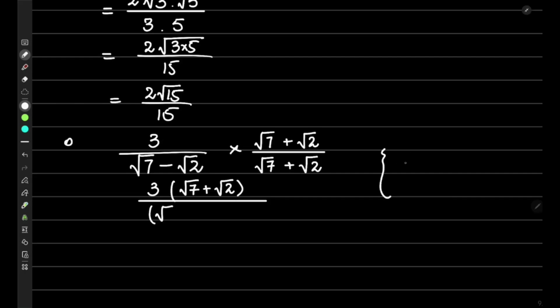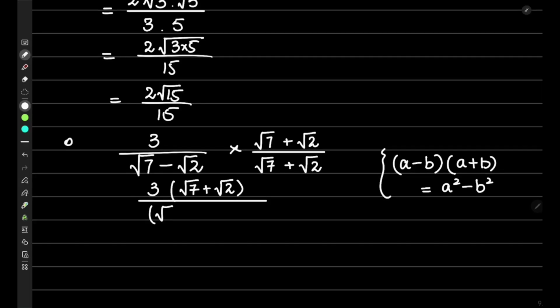Always it will make the same form. This is a minus b times a plus b, so it will end up giving you a square minus b square.